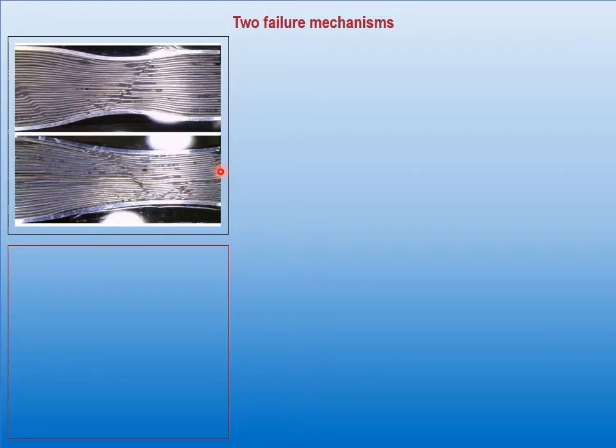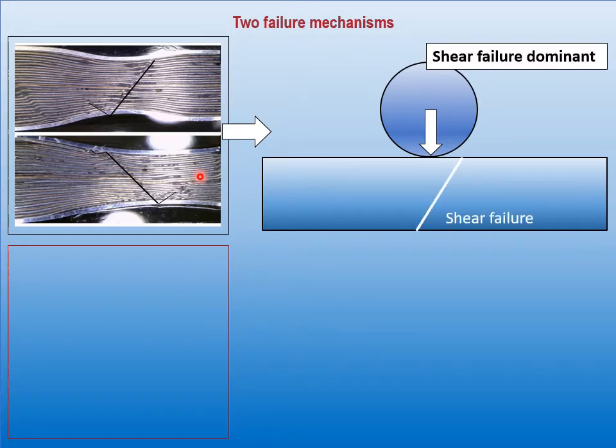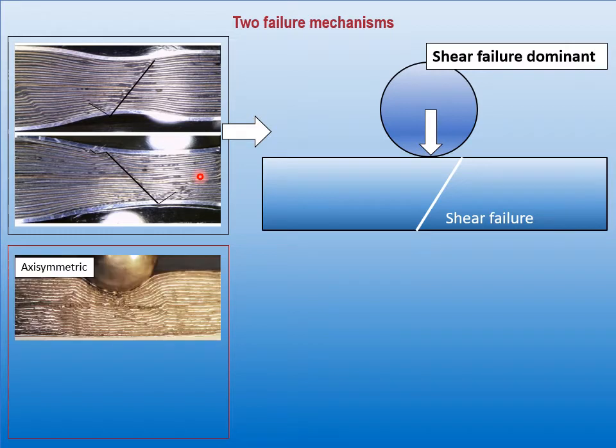And not only for the indentation test, these are the two figures for the pinching. You can clearly also see, as I indicated here, two very clean and clear shear fractures. That's why we conclude the first failure mechanism for the battery is the so-called shear failure dominated fracture mechanism.